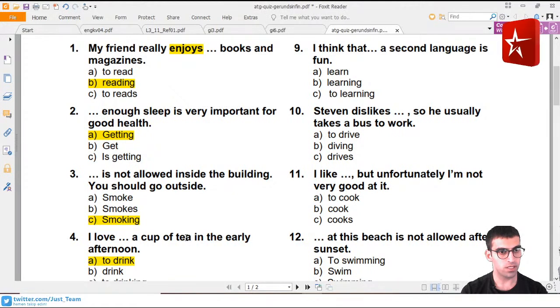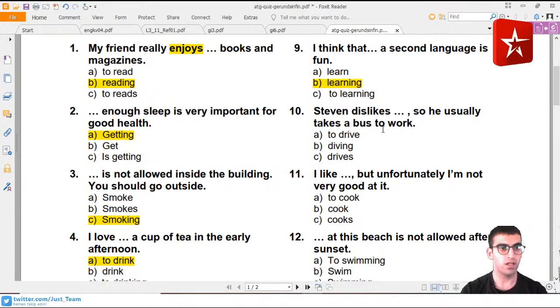Okay, let's wait. Christopher says C. Hava says B. Recep says B. Jaylani says learning. Faruk says learning. Okay, so if nobody writes, let me tell you the correct answer. Learning is the correct answer for number 9.